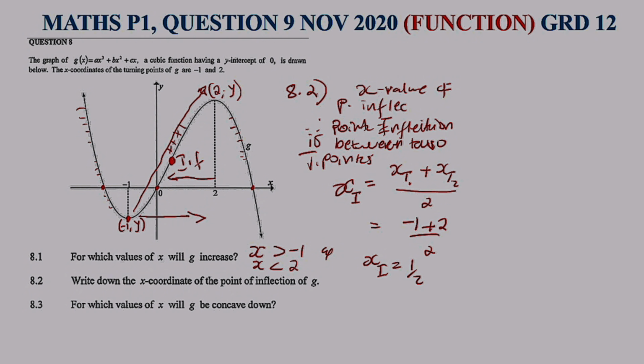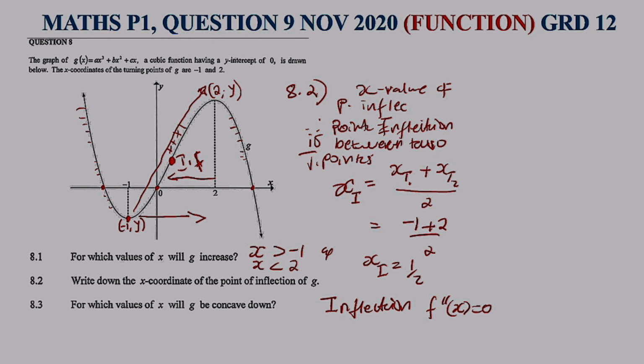However, if you are given the equation and they want you to find the point of inflection, you know what to do. The point of inflection, let me just add the notes here. You find it when the second derivative is equal to 0. Therefore, you go and find the x value and then also find the y value thereof. And that's how you would deal with the point of inflection.